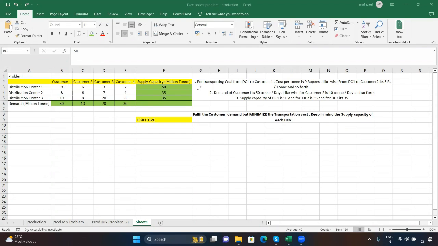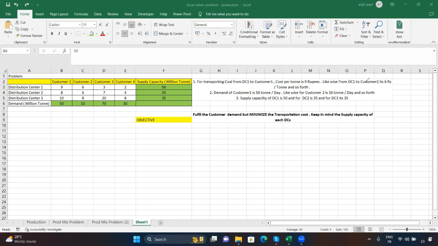So you can see here, for transporting coal from DC1 to customer 1, DC means the distribution center. Cost per ton is 9 rupees.